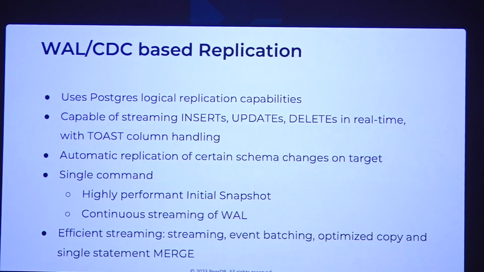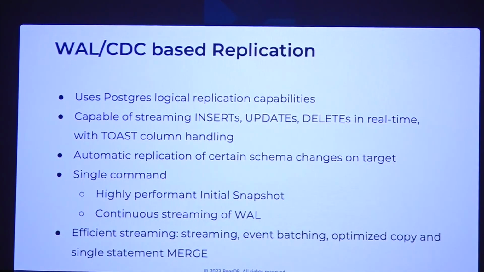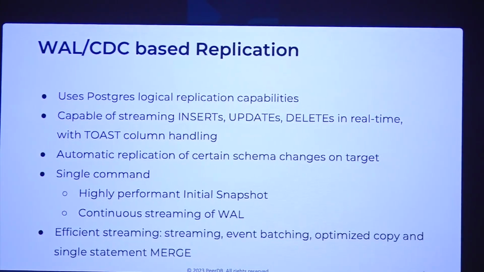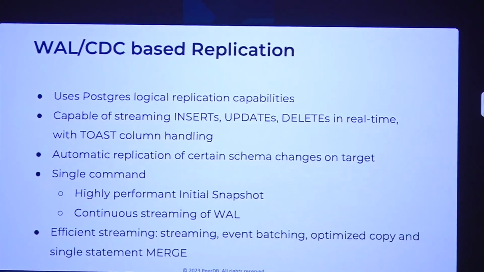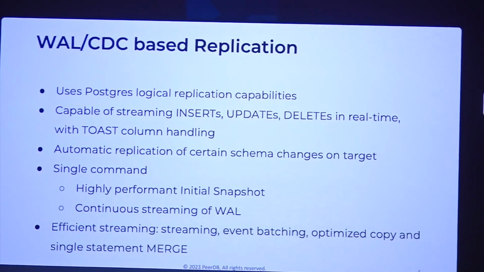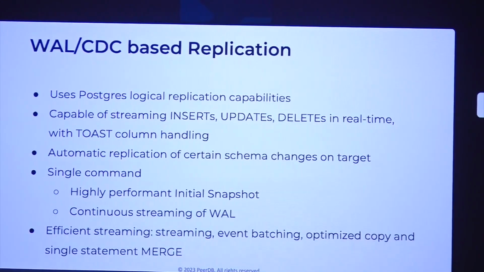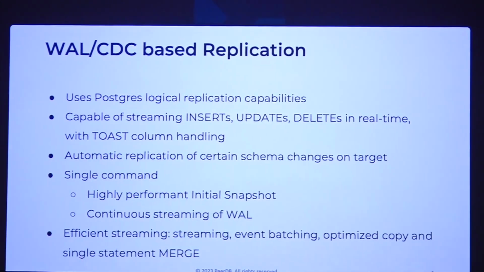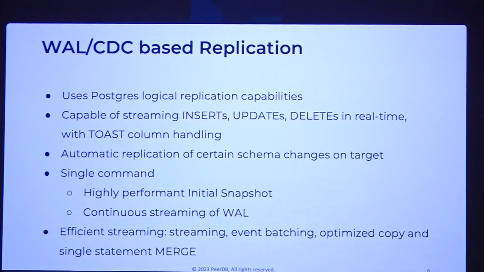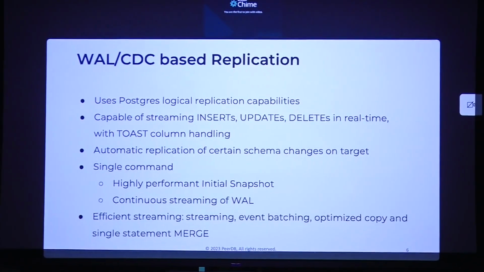So we'll get into the 2 types of mirrors we have. The first type is write-ahead log or CDC-based replication. This uses Postgres' logical replication capabilities. How many here are familiar with how logical replication works? Okay, so basically we use Postgres logical replication capabilities. This is a mechanism that Postgres has that streams changes to a table in near real time.